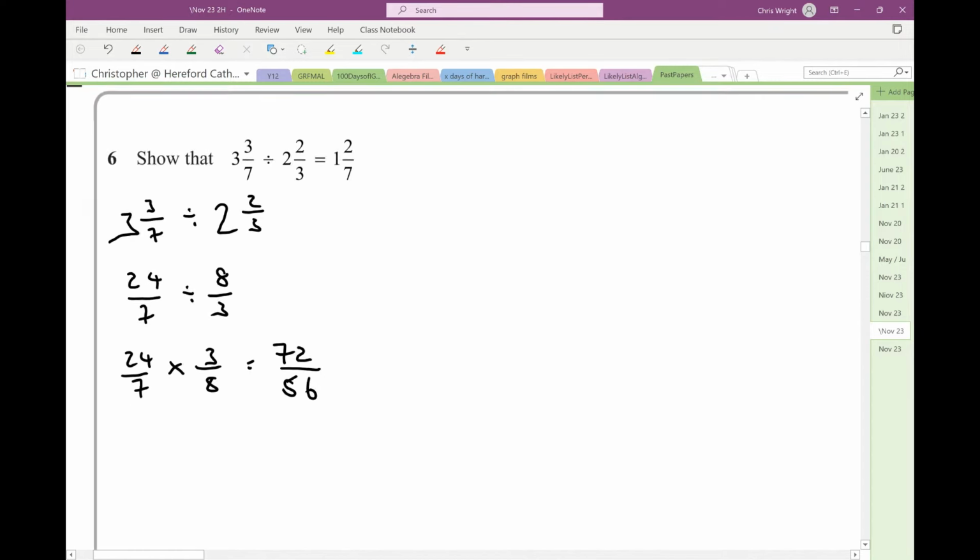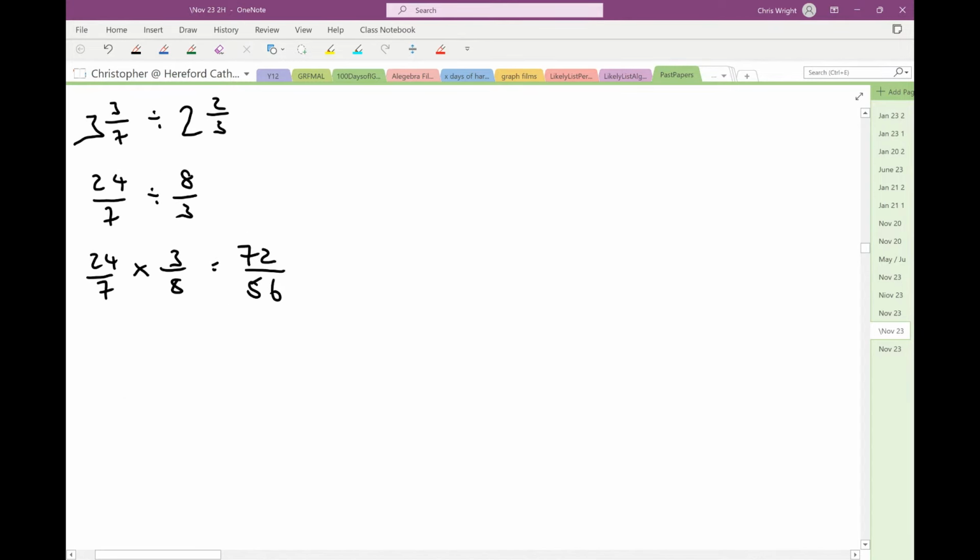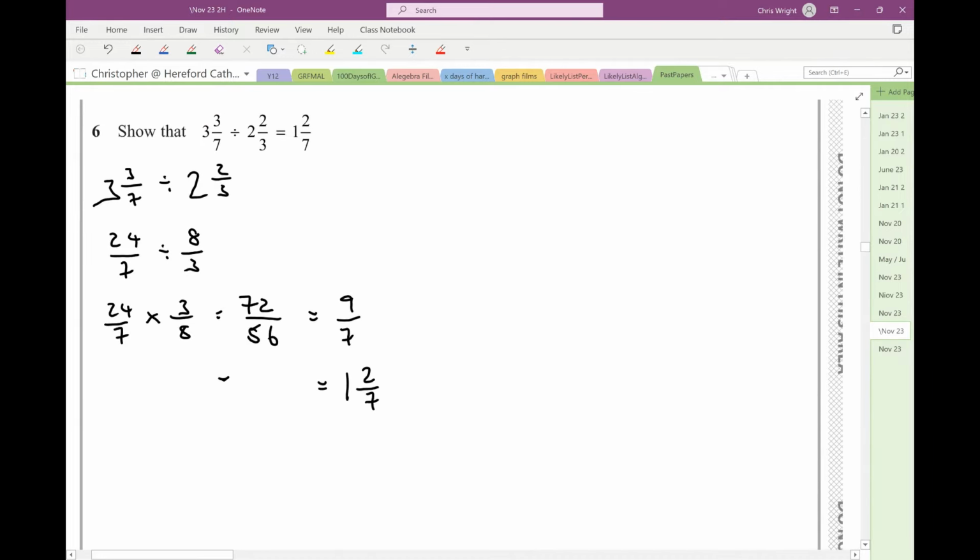And then I'm going to take 72 divided by 56, put it in my calculator, and I get the answer, sorry, 9 over 7, which is 1 2/7. And now I look back at the question and look at that. I have shown that it equals 1 2/7. Good, that's question 6 finished.